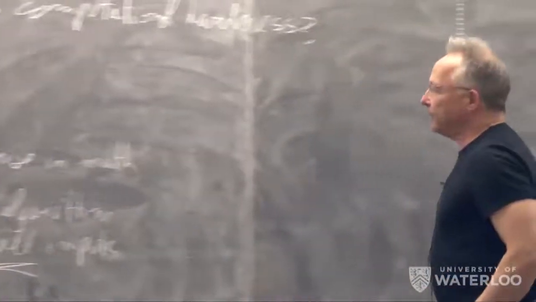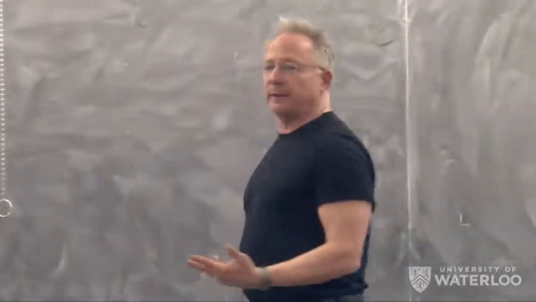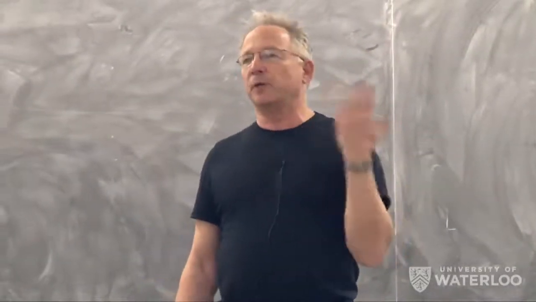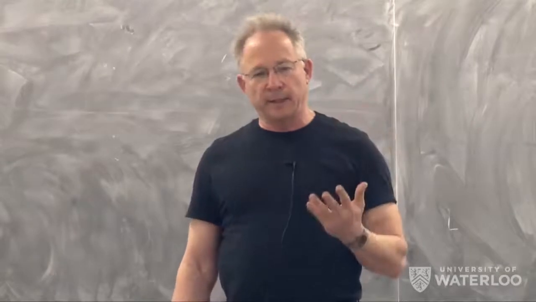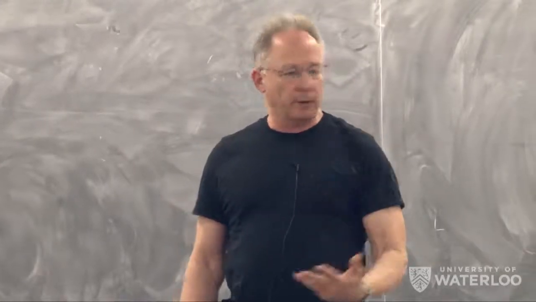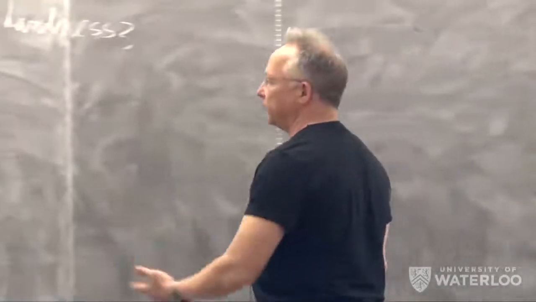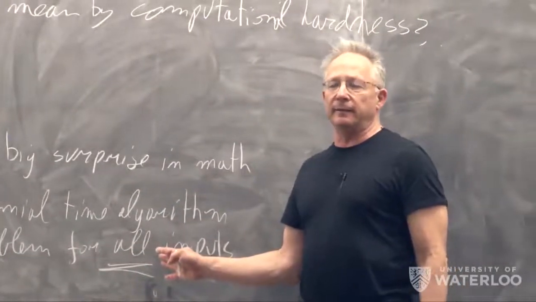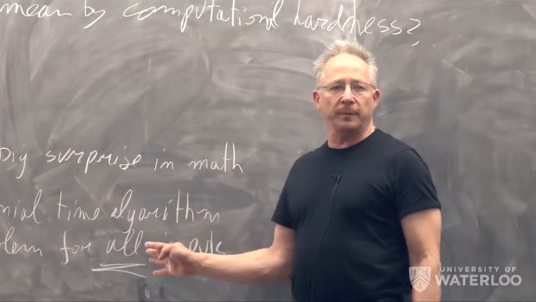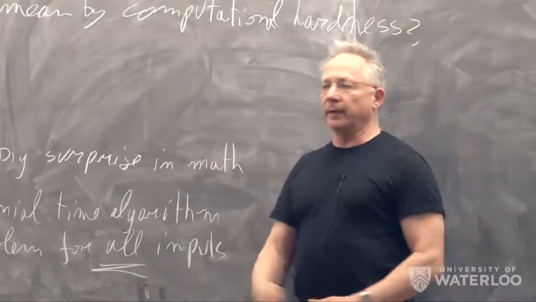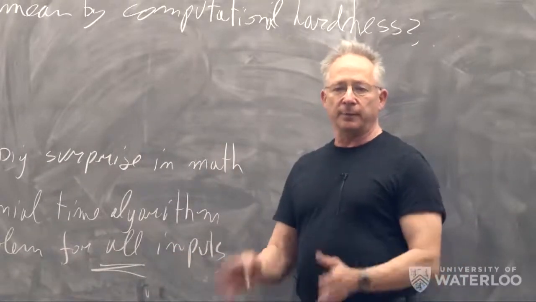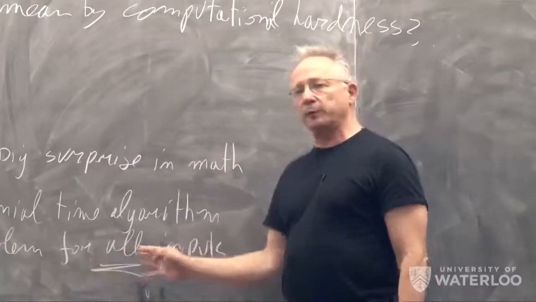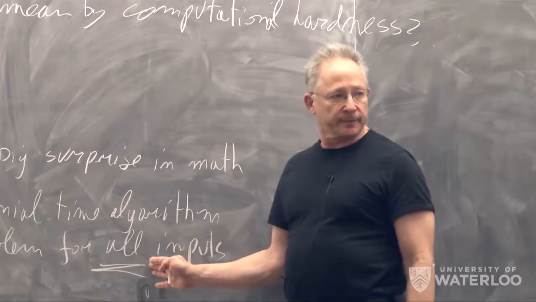So NP hardness is some kind of a theoretical guarantee. It says the problem is as hard as many other problems that we don't know how to solve. But when we say there is no algorithm that solves this problem for all inputs, it does not necessarily mean that there is no algorithm that will solve the problem on many inputs or on any input we care about. It just means that, assuming there is no big surprise, there is no algorithm that will solve the problem for all inputs.